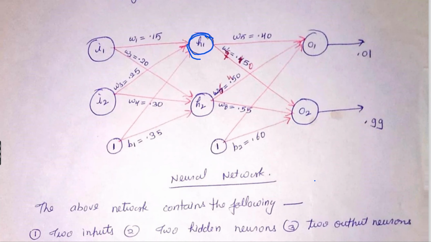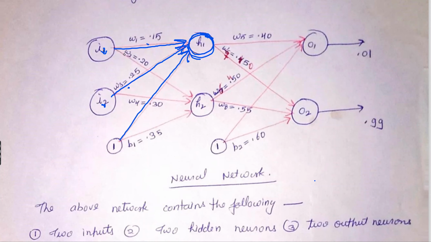As we already discussed in the previous lectures, first we will calculate the input I1 multiplied by W1 plus I2 multiplied by W3 plus the bias value, because these are the incoming edges towards H1.